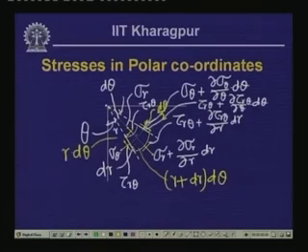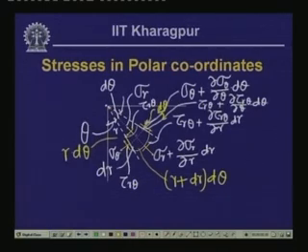And if we assume the thickness of this particular element perpendicular to the plane of this board as unit, then the area of this particular surface is equal to r plus dr d theta multiplied by 1, and this multiplied by the stress will give the force on this particular plane. Similarly, the force on this particular plane will be sigma r multiplied by r d theta times 1.